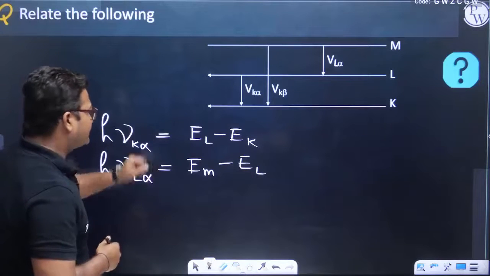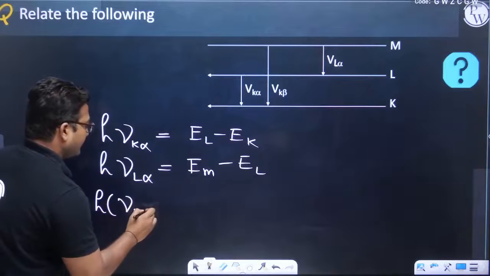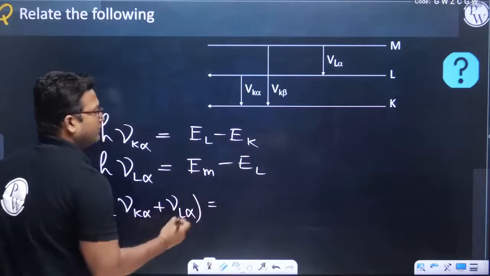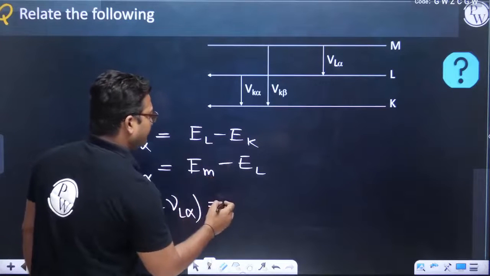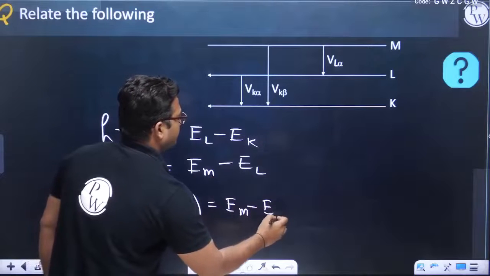If I add these two, we have h nu k alpha plus h nu L alpha equals to, El will be cancelled out. We will be having Em minus Ek.